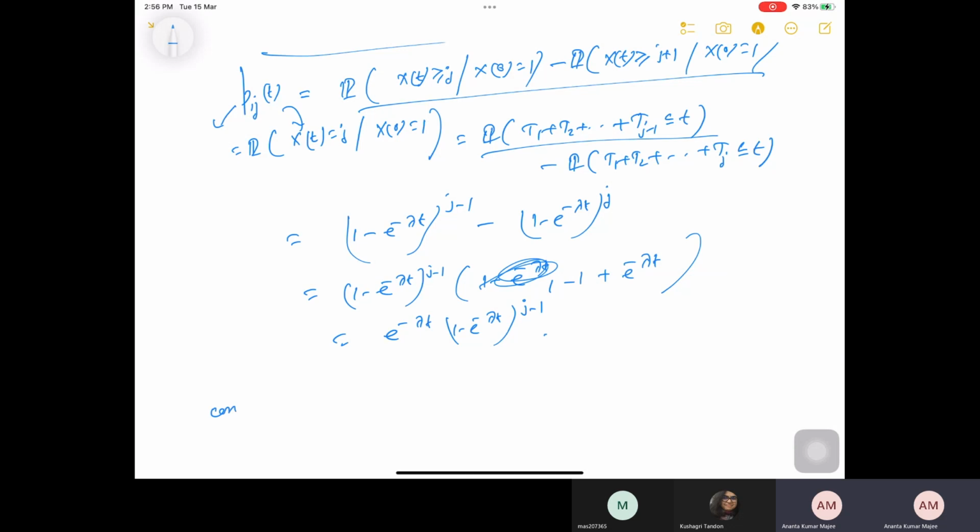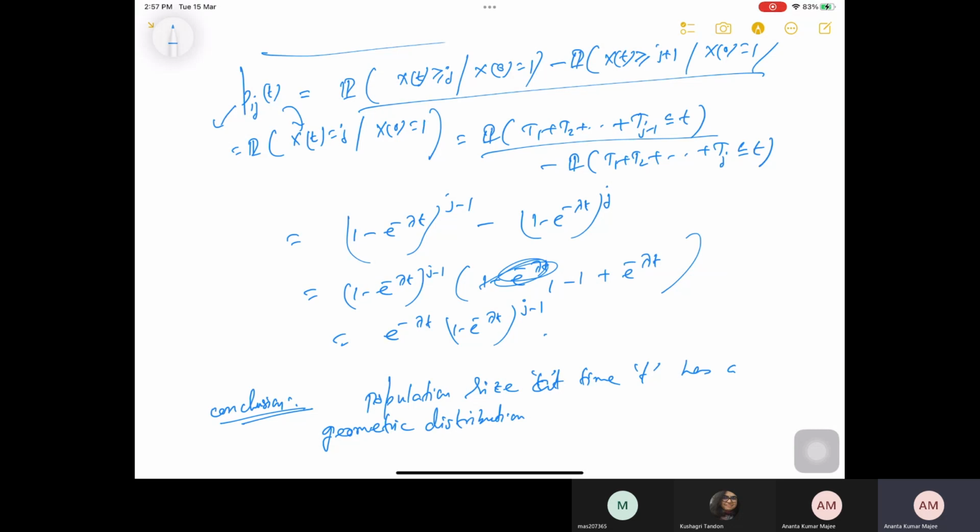So the conclusion: the population size at time t has a geometric distribution with mean e to the power lambda t. Okay.